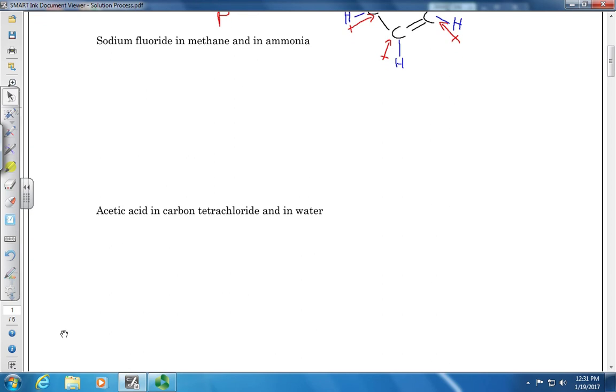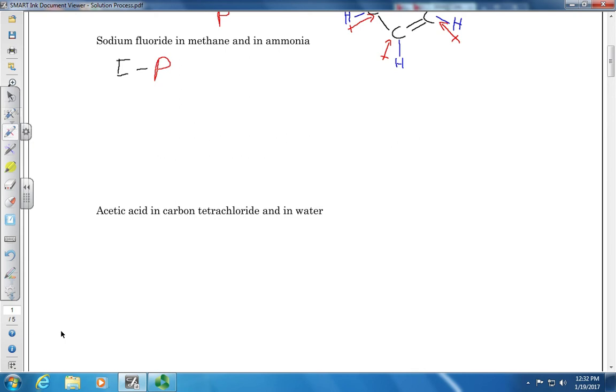We're given sodium fluoride in methane and in ammonia. Well, sodium fluoride is not a molecule, it's an ionic compound. But because it's ionic, it's also polar.